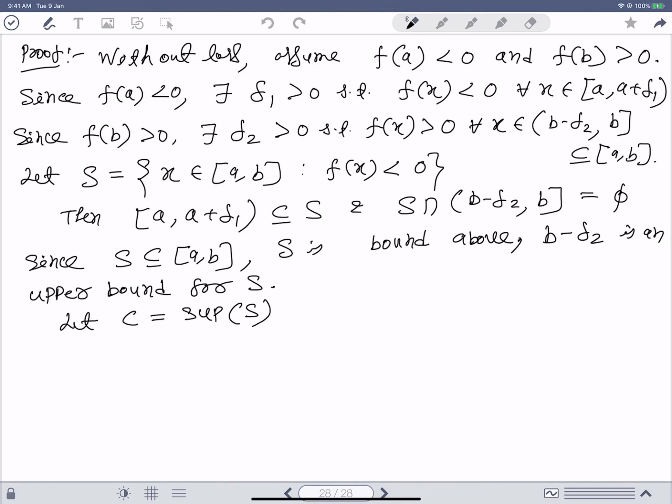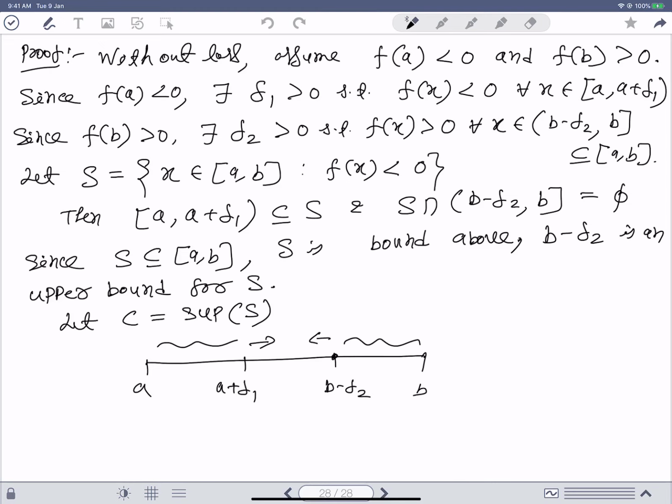Now note that this is my A, this is my B, right? And this is my A plus delta 1, and this is my B minus delta 2, right? Now S intersect with this set is empty, and this is a subset of S. That means C should be bigger than this and less than or equal to this, right?